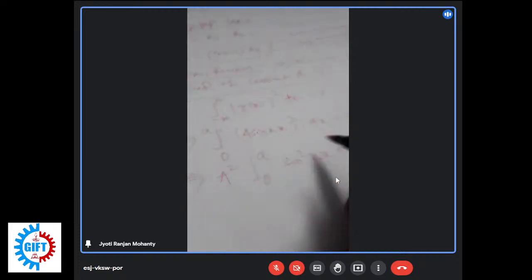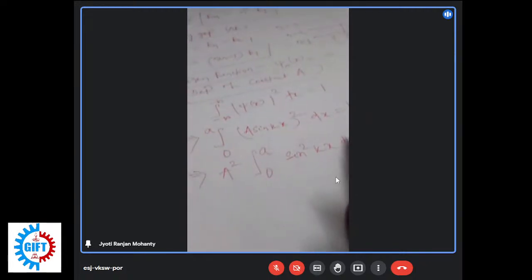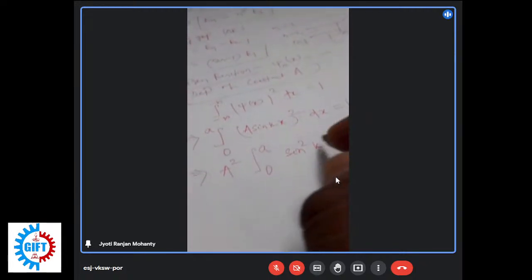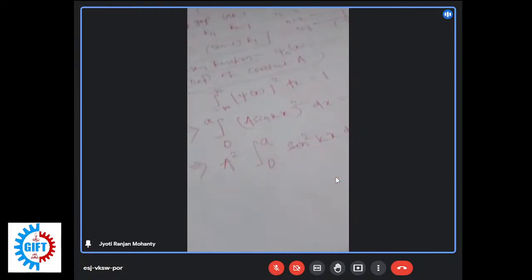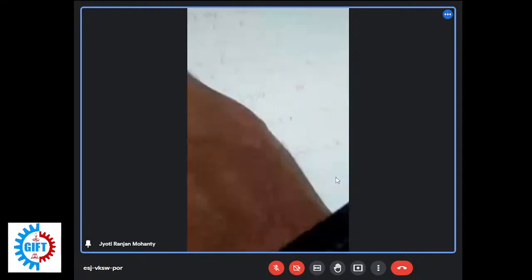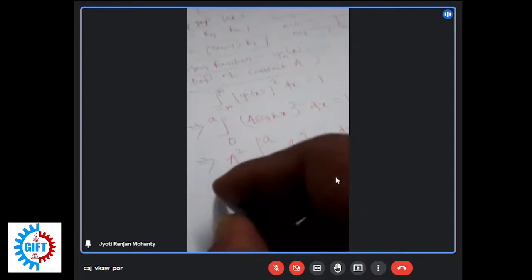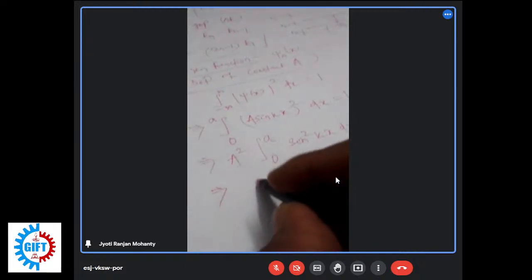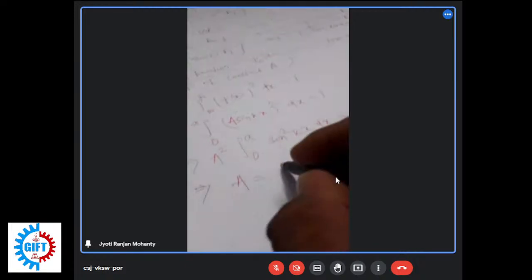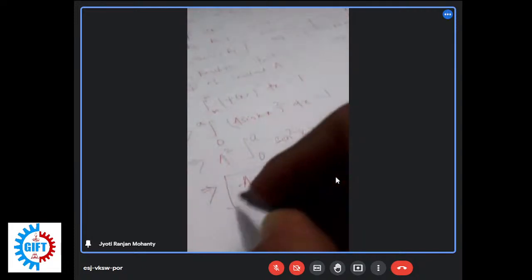After this you leave 8 steps. Next class I shall check the integration. And finally the value comes 2 by small a under root.